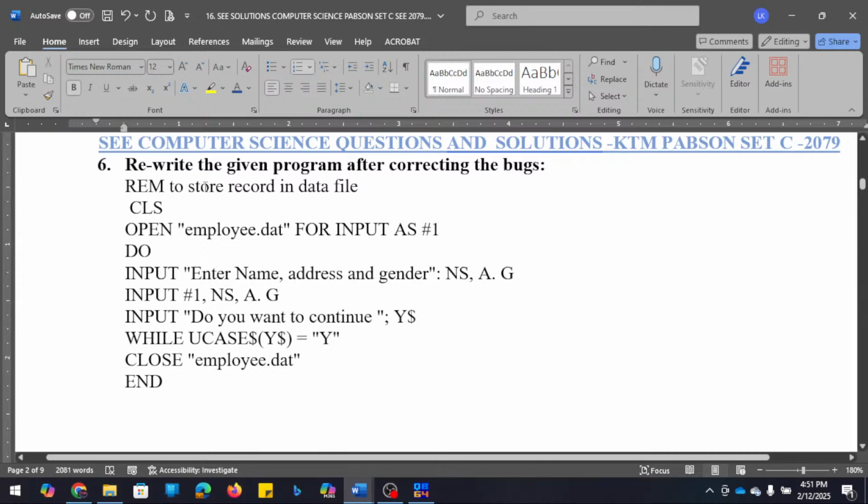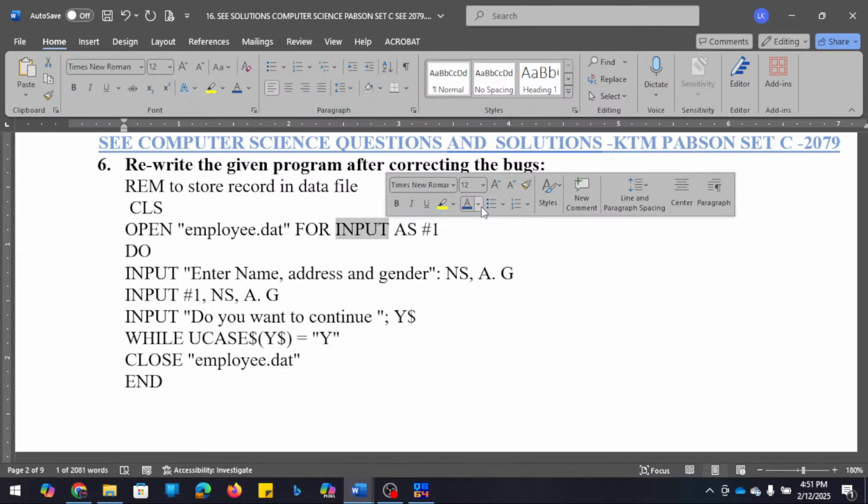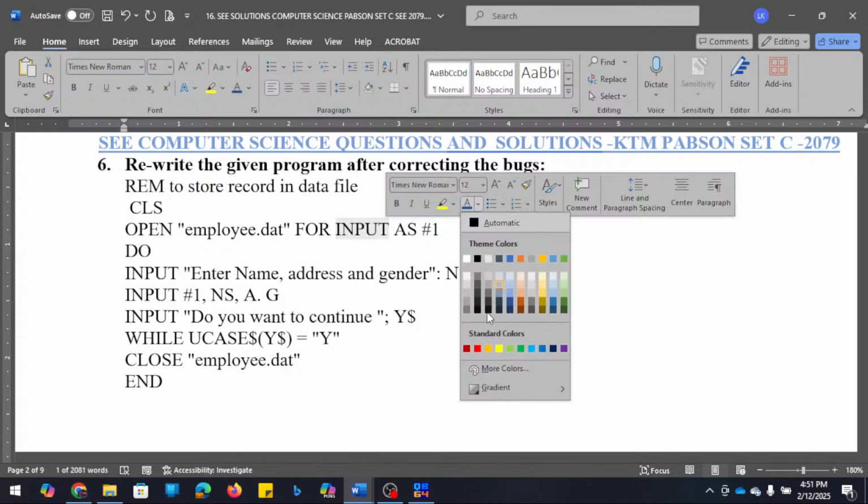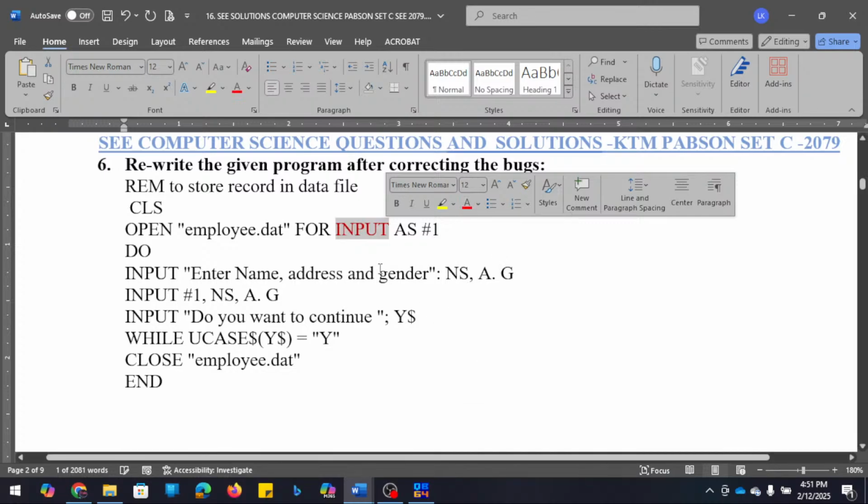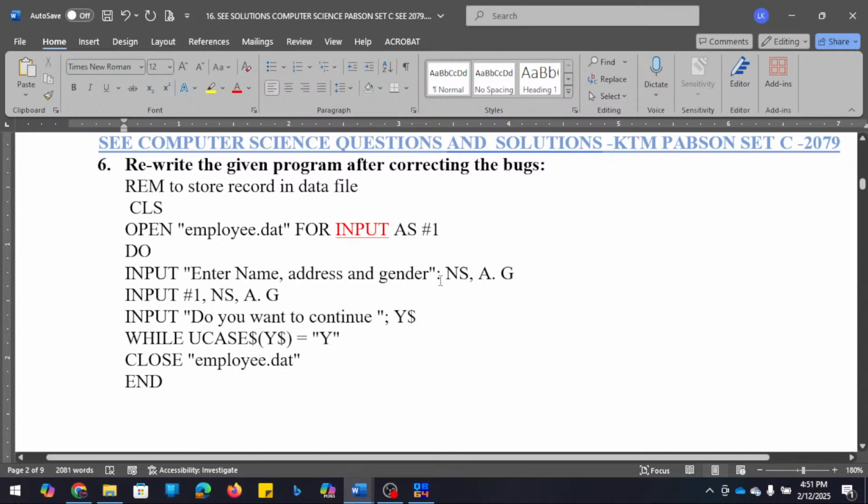To store, the first is your input. So this is the first mistake. Let's underline it. Address center.